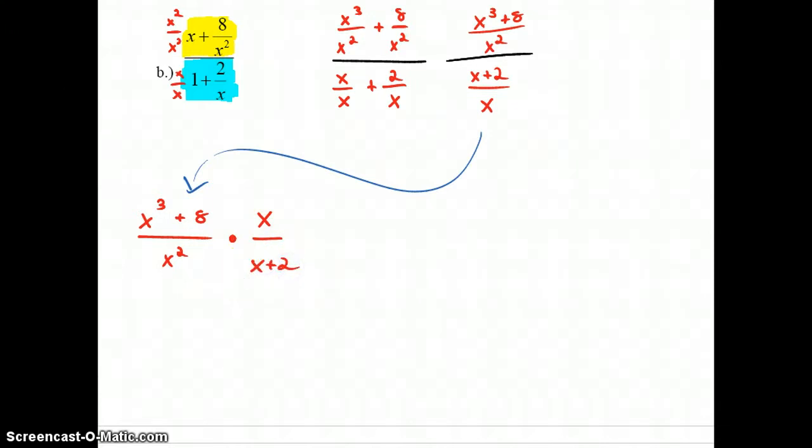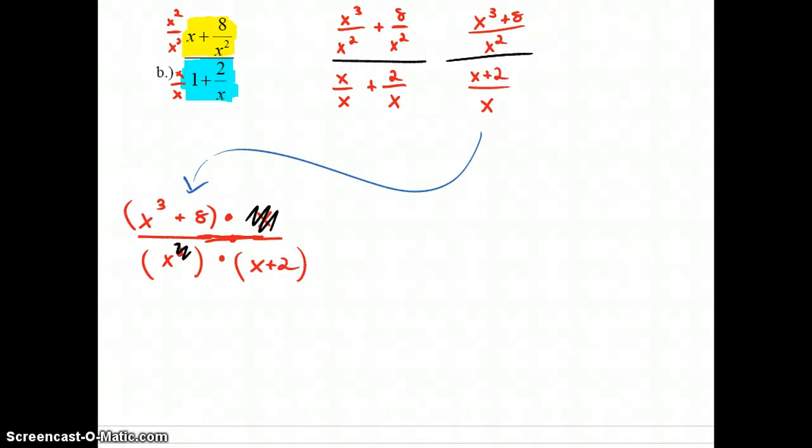Now right away I can see a couple things cancel. This x cancels off with the squared. By the way, anytime you're multiplying fractions, we're just multiplying across the top and multiplying across the bottom. No more finding a common denominator. You can just multiply.